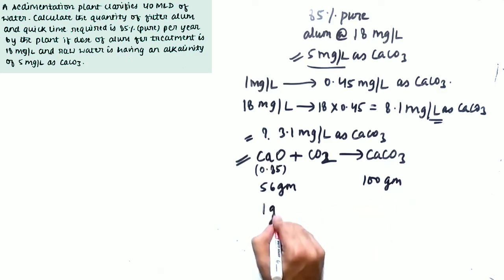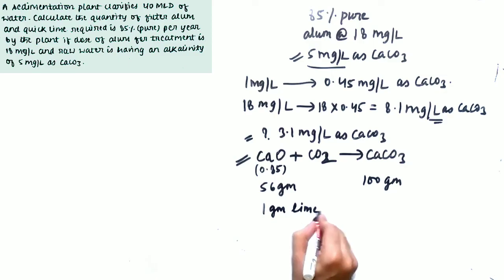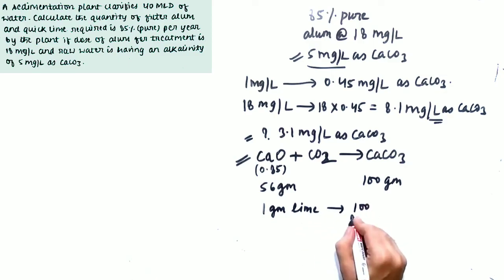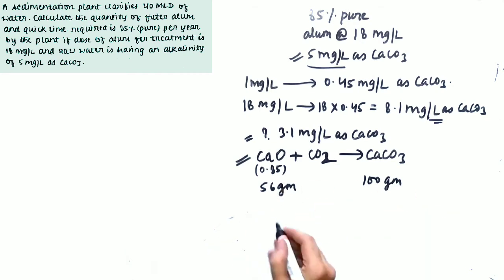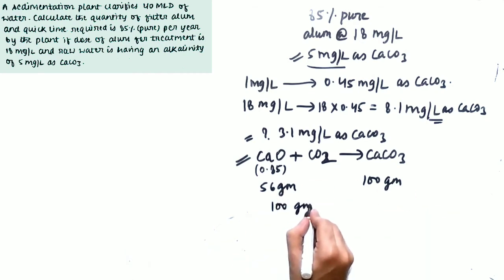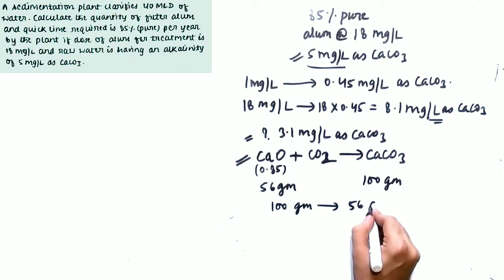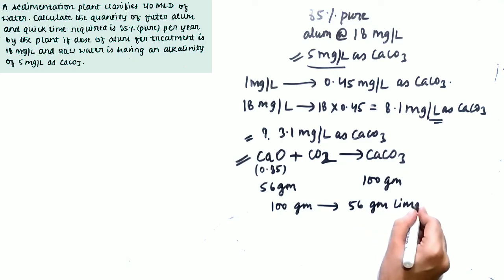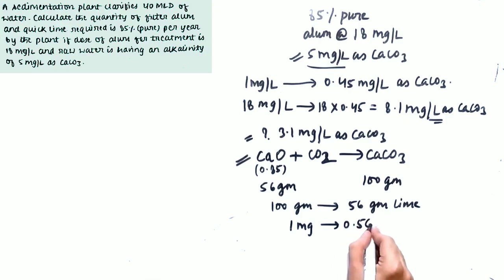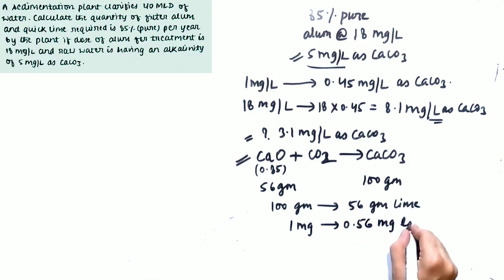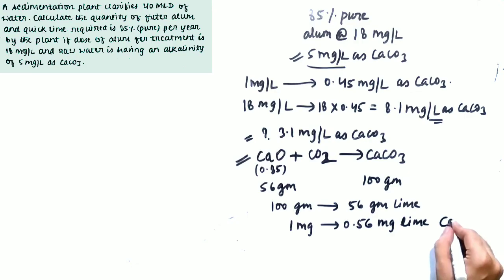We have to calculate in terms of alkalinity. 100 gram of alkalinity requires 56 gram of lime. So 1 milligram of alkalinity will require 0.56 milligram of lime or CaO.